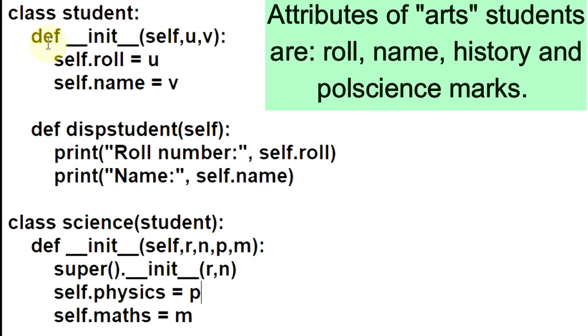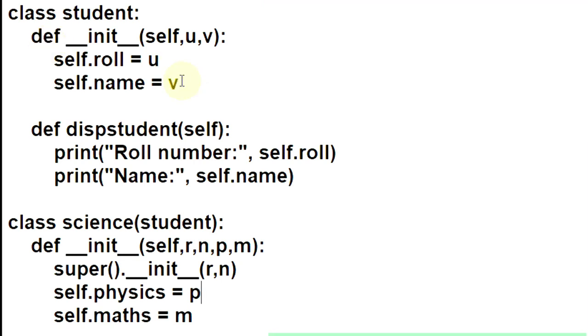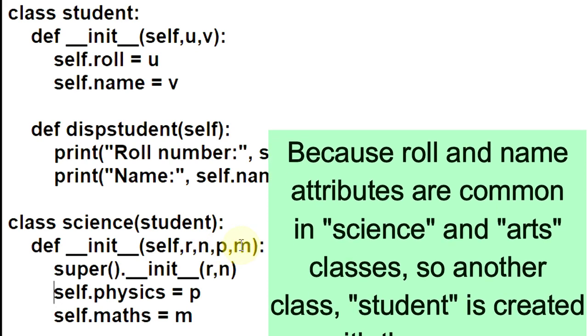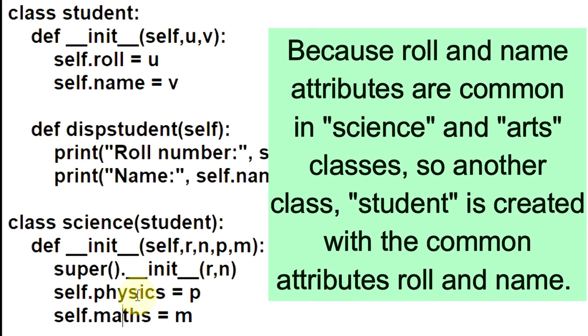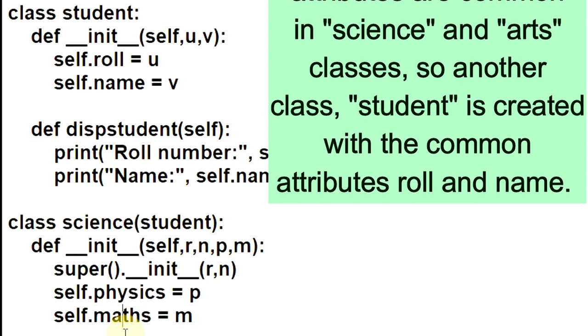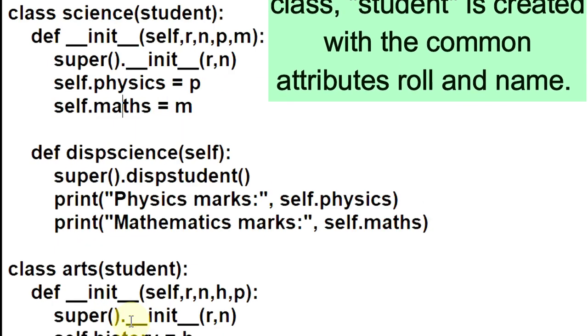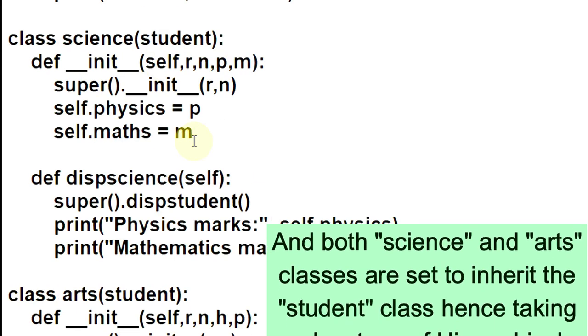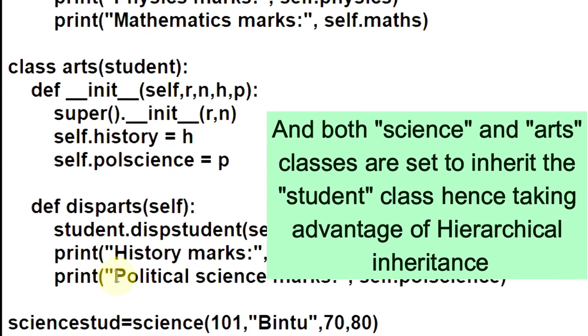Okay. After executing the parameterized constructor of the student class, control will come over here and the values in these two parameters P and M will be assigned to the physics and maths attributes. And obviously these physics and maths are the instance attributes of the instance being created, that is science stud. Okay. After executing this parameterized constructor, control will jump here to the main function.